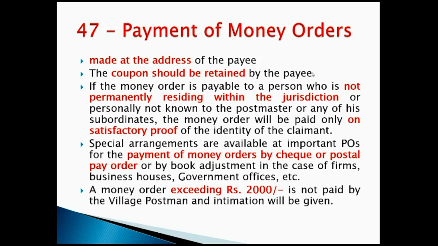Special arrangements can be made at post offices for payment of money orders by check, postal pay order, or book adjustment, in the case of colleges, institutions or firms that regularly receive money orders in bulk. In that case, special arrangements can be made for payment of money orders through check or postal pay order or by making some adjustment in the accounts.